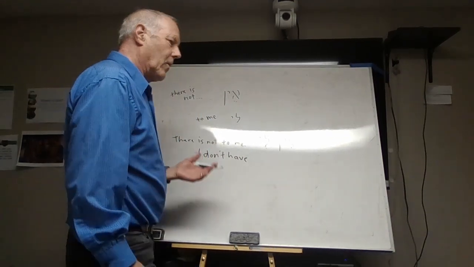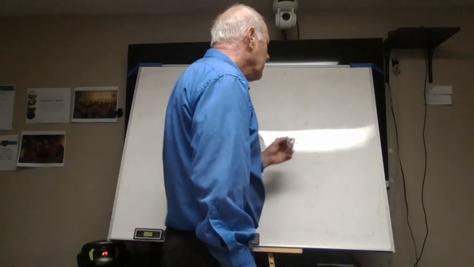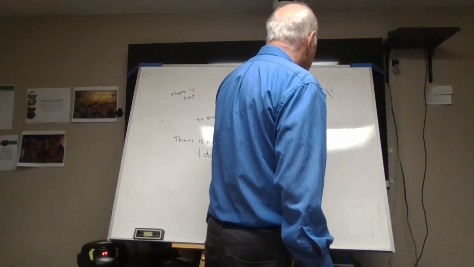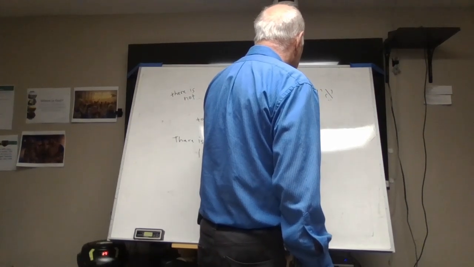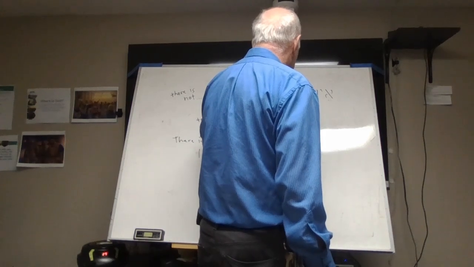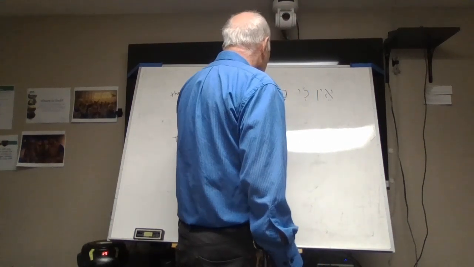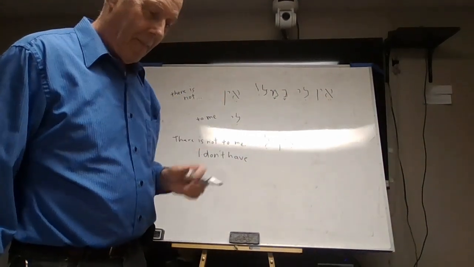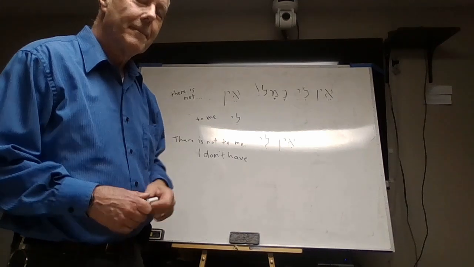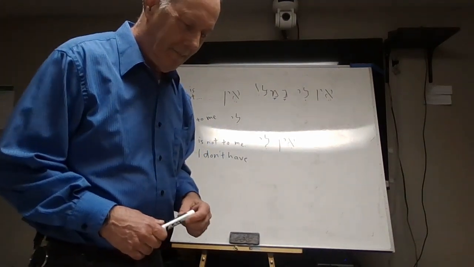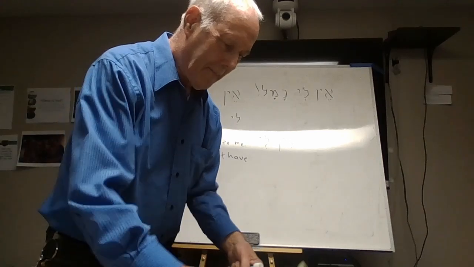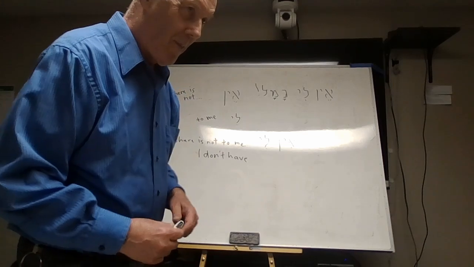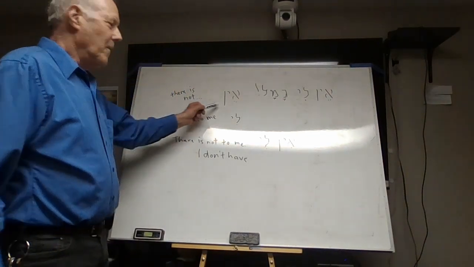So you can say, I don't have a camel. A college professor said this word means "ain't."